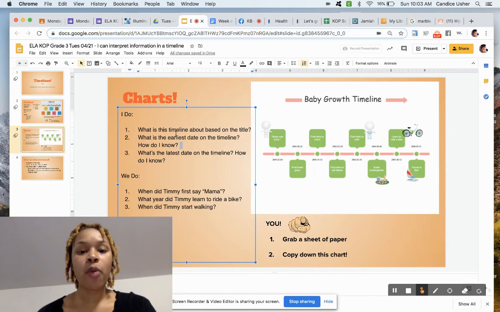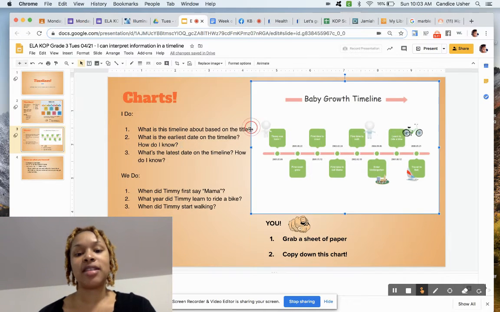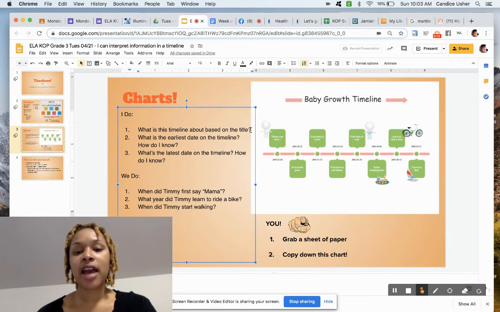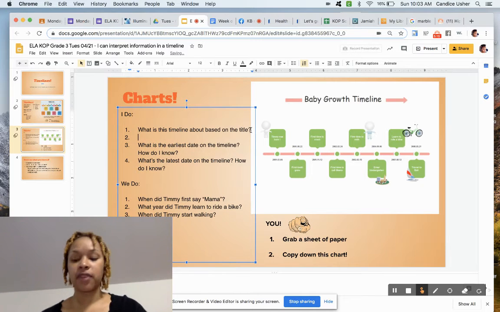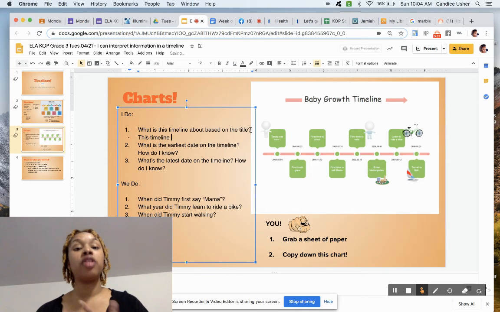So number one says, what is this timeline about based on the title? So based on the title, I can already answer that question in my own words. I'm going to write in complete sentences, so please remember to do that on your exit tickets as well.